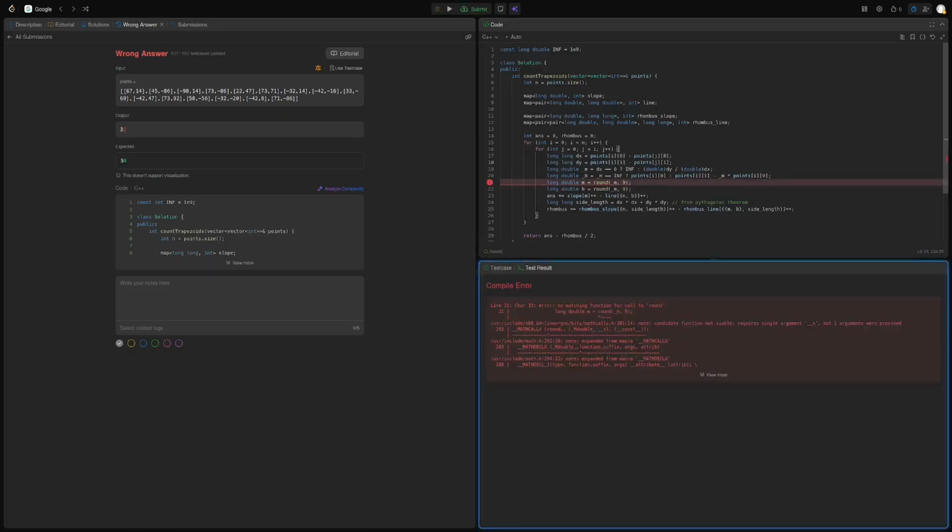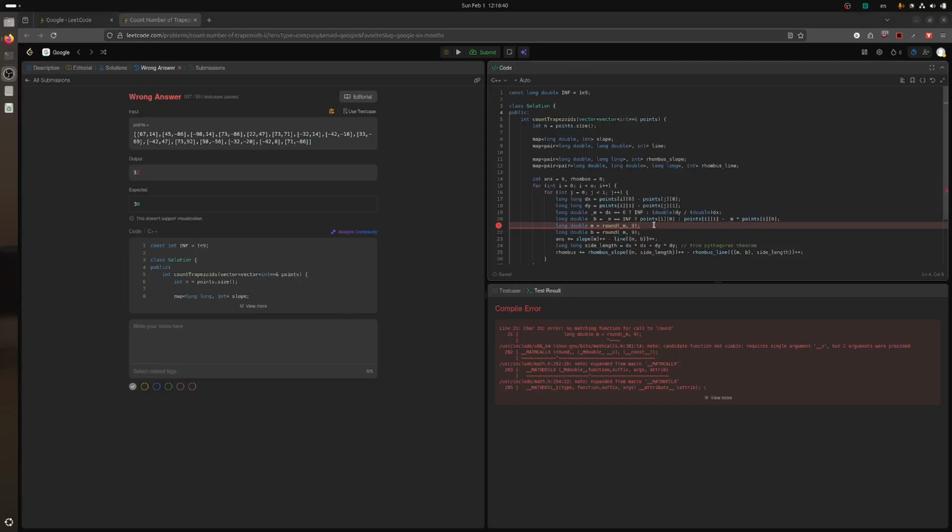Average CPP code. Let's do this. Round... should it be?